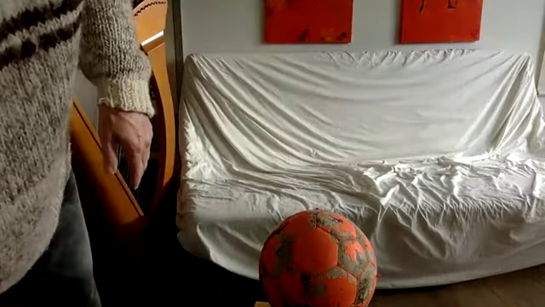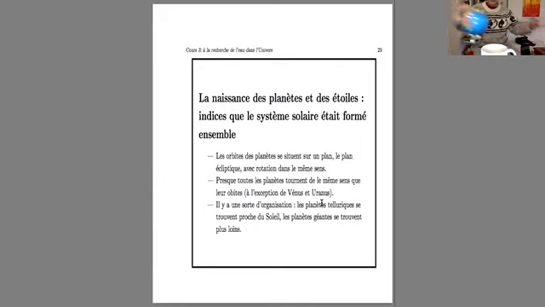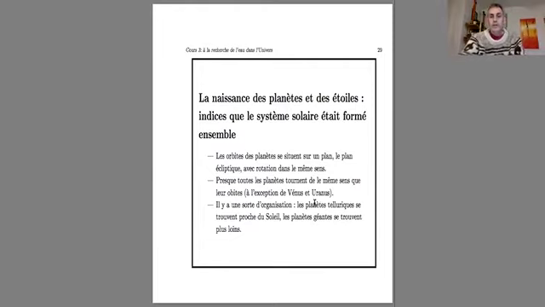Okay. The point is the retrograde orbits do exist. Venus is in a retrograde orbit, and Uranus is in a retrograde orbit. But 6 out of 8 planets are in prograde orbits, again indicating some organization.